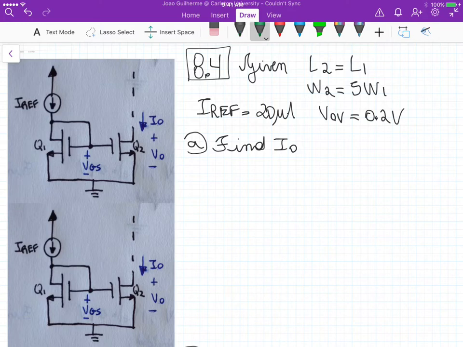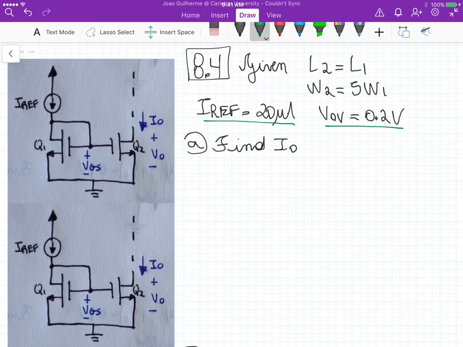Q1 is L1, W1, and for Q2 we have a width that's 5 times the width of the first transistor. We also have a reference current of 20 microamps and a V overdrive of 0.2 volts. So in part A we need to find what's the value of I naught for these conditions.